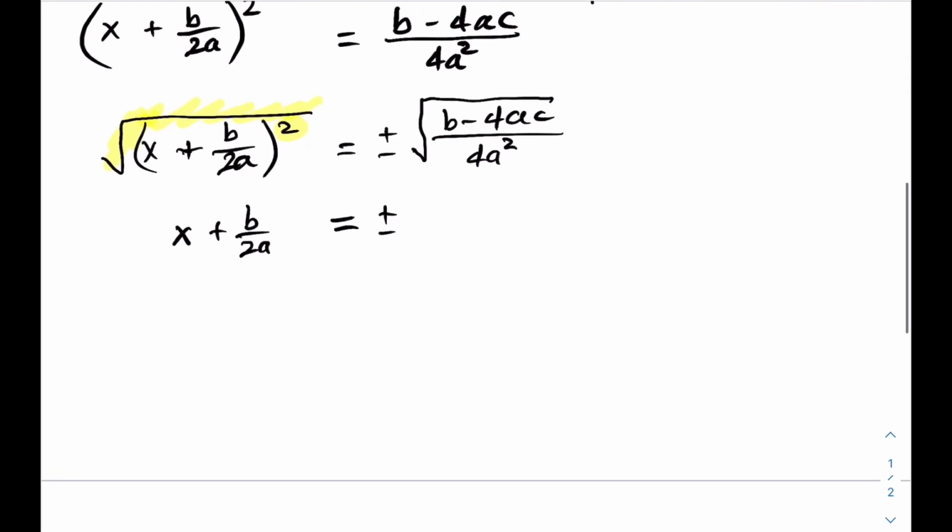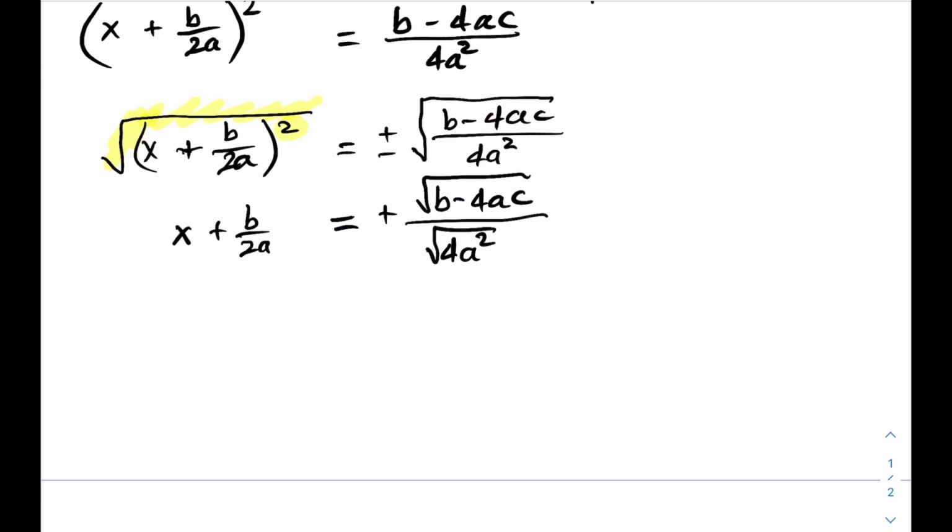And we're going to split the square root between the denominator and the numerator. So the top will stay the same. Square root of 4a squared, that gives you, oh, forgot that.